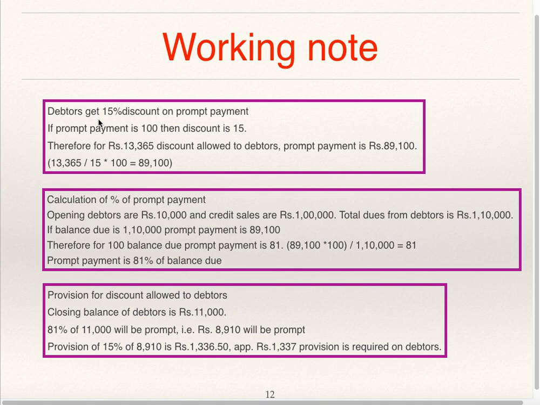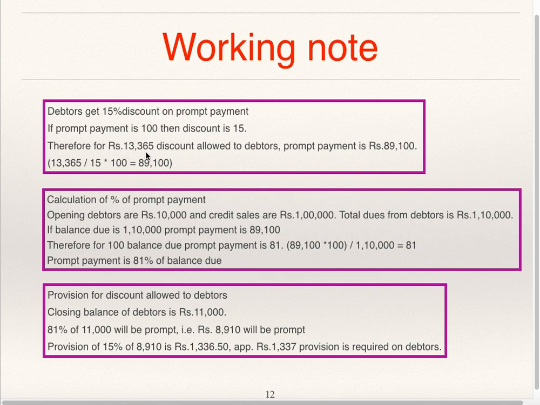Now the second finding: you are supposed to find out provision for discount allowed on debtors. Debtors get 15% discount on prompt payment. That means if prompt payment is 100, they will get 15 rupees as discount. Discount allowed to debtors of 13,365 is given in the question.